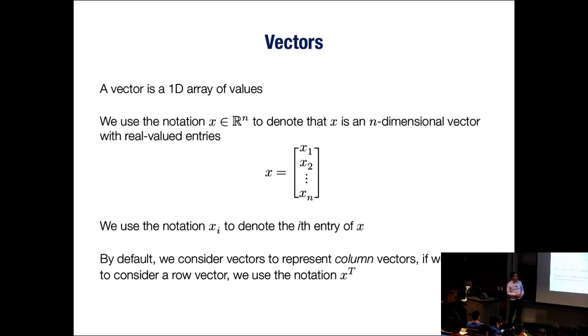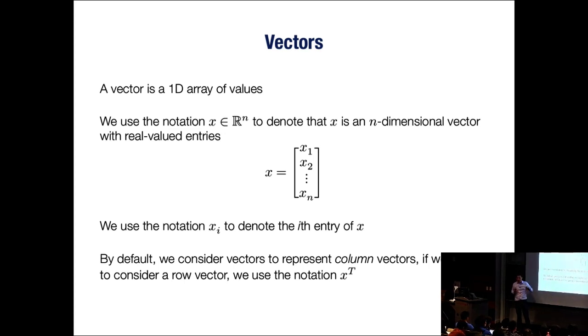So a vector at its core is really a 1D array of values, or a 1D collection of values. We're going to write it as x is in blackboard bold R^n, to denote the fact that x is an n-dimensional vector. That means it has n different components, and they all have real valued entries.